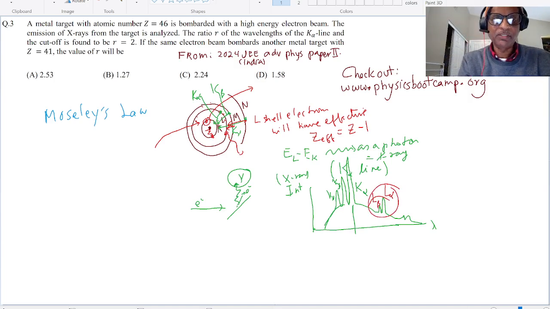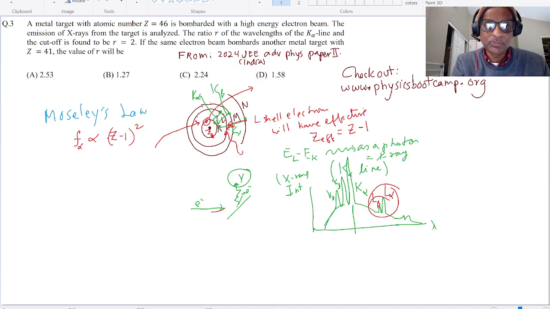Moseley found that the frequency of the alpha line that came out was proportional to (Z minus 1) squared. And that makes perfect sense. If you kicked out the innermost one of the two electrons, then you have only one electron shielding, so the L shell electron will have effective Z minus 1.